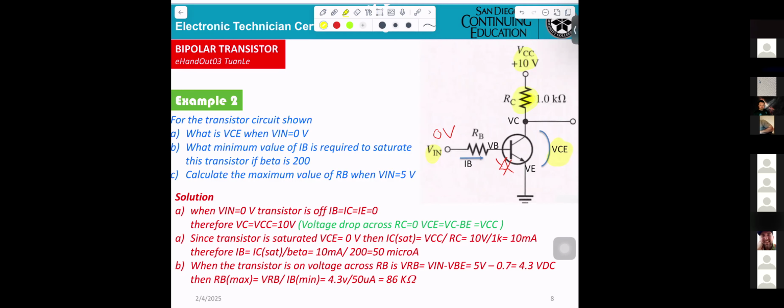If you want the VRC, that means IC times RC. However, no current, IC is 0, so no voltage drop in here. That tells you, you get 10 volt here, then VC must be 10 volt. The thing is they don't drop any voltage.